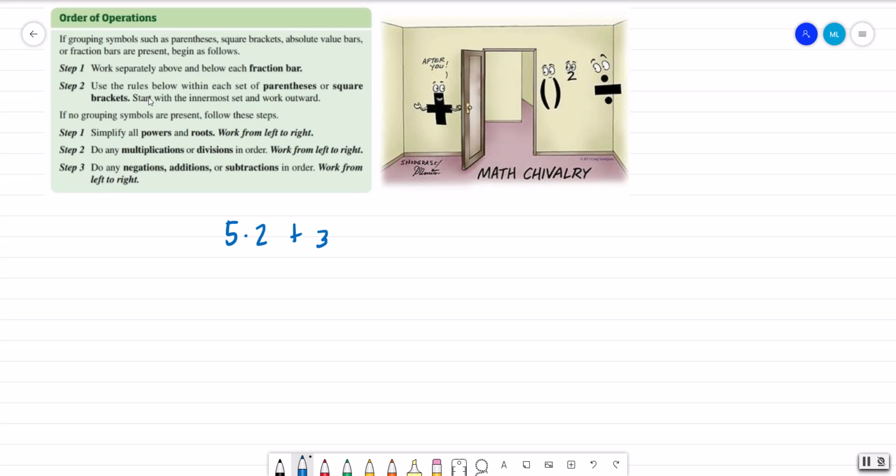The next step says that you would use the rules within each set of parentheses or square brackets, starting with the innermost set and working outward. Then, if there are no grouping symbols present, you follow the steps of powers and roots, working from left to right. Then multiplication and division are from left to right. And then you have any negations, additions, or subtractions in order, working from left to right. Okay, so that's a lot to comprehend in any case.